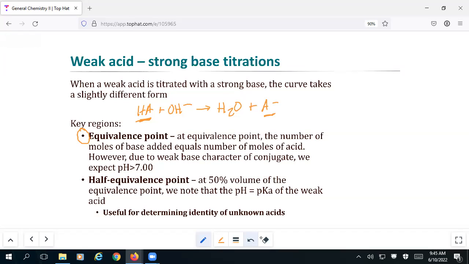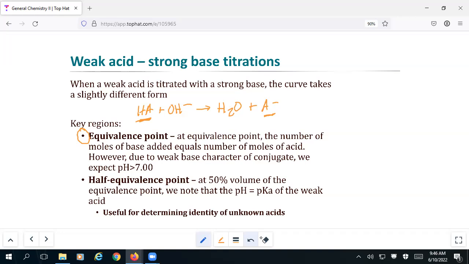And once again, the presence of both of them there, that's a buffer. And if we're trying to predict pH values, we can do that using buffer calculations, the Henderson-Hasselbalch equation, mini ICE tables, the whole smash.